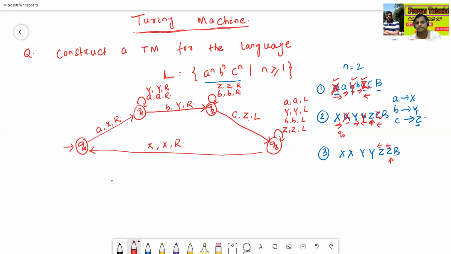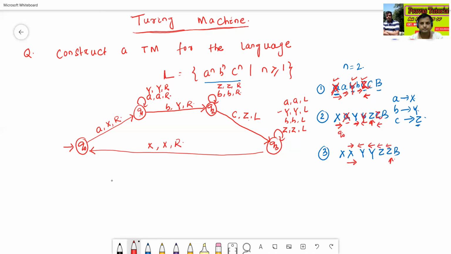Then Q3 reads Y and skips it. When Q3 reads X, it writes X and moves towards right.